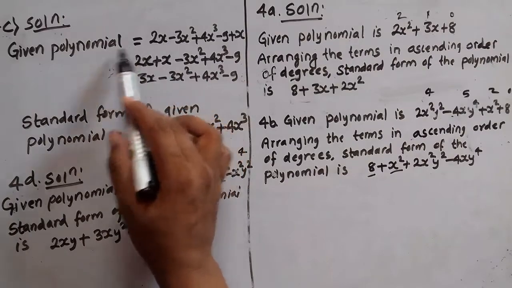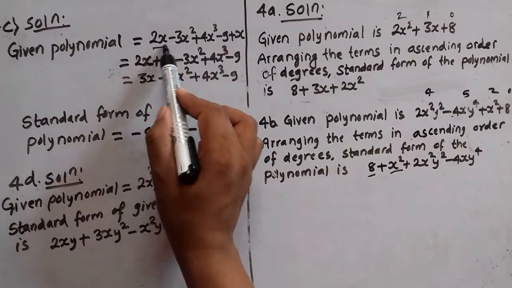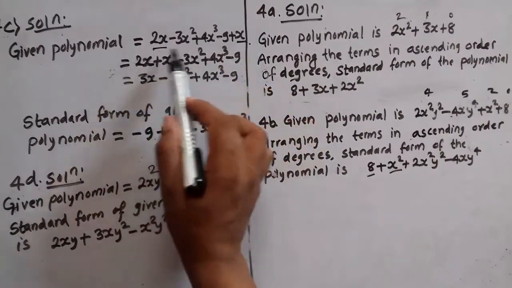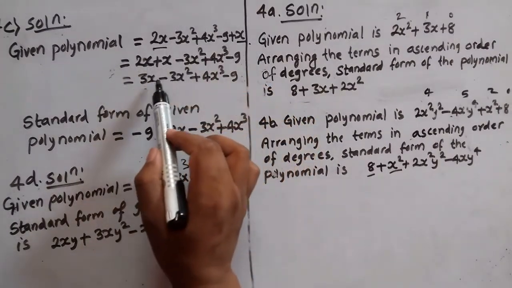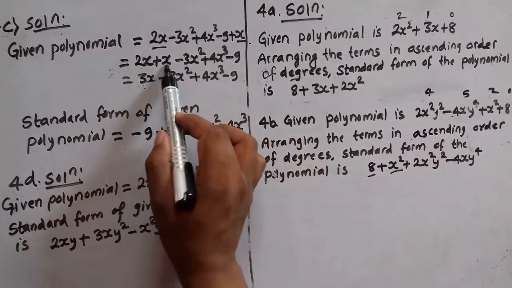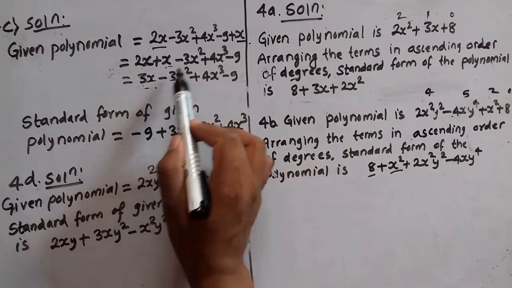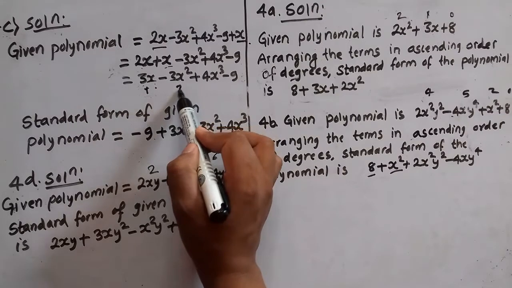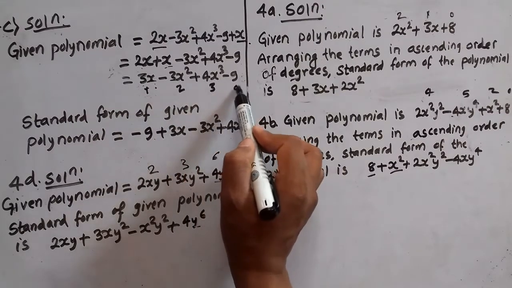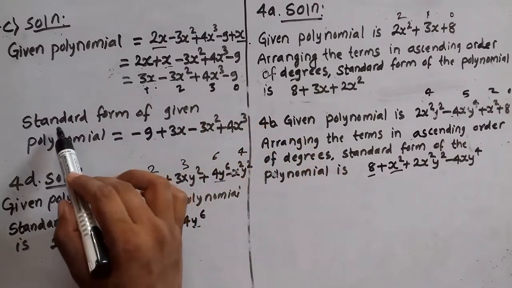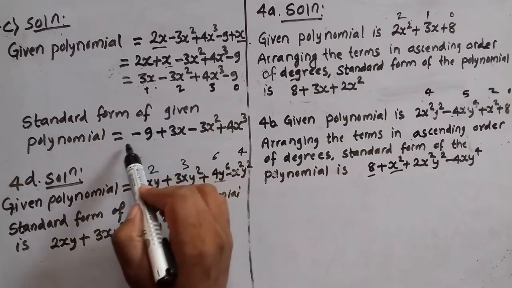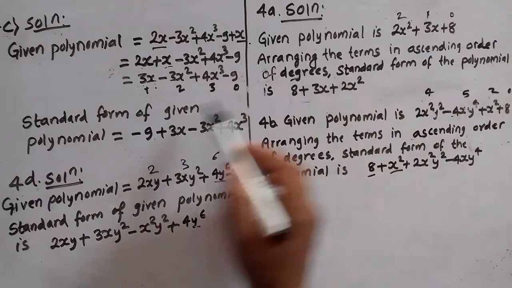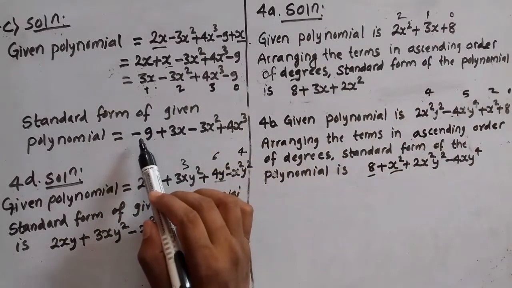Similarly, in 4c, there are 2 terms containing x and x. We have to add these, which gives 3x. At first we arrange and then add. Here this term has degree 1, this term has degree 2, this has 3, and this has 0. So we have arranged in ascending order here. If we do not write it arranged in ascending order like here, then also it is right.